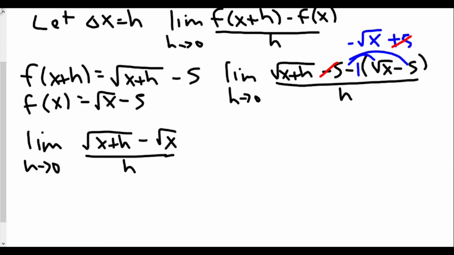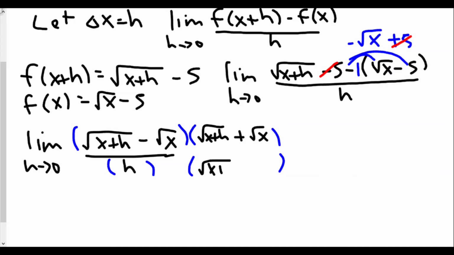We multiply the top and the bottom by the conjugate, which in this case is the square root of x plus h plus the square root of x. The value doesn't change, so we don't have to worry about that.